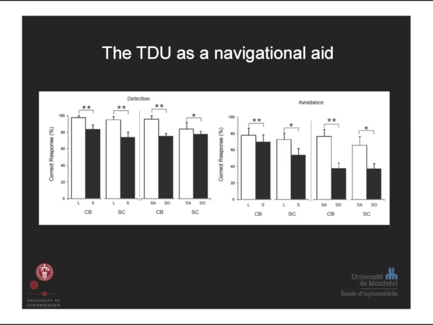For the avoidance, we get the same thing between large and small obstacles, and also if you have to go around and avoid it or step over. So non-blinds, blindfolded, can really do the task.